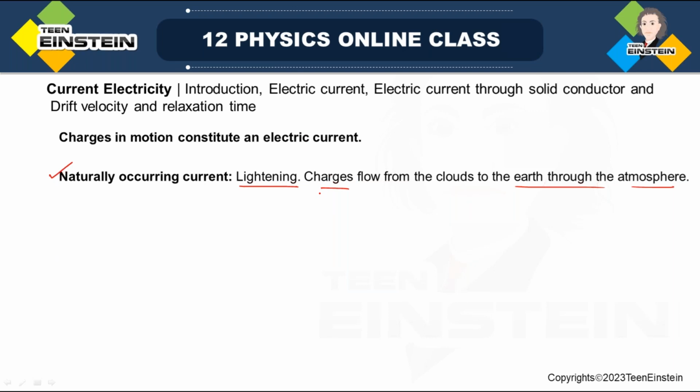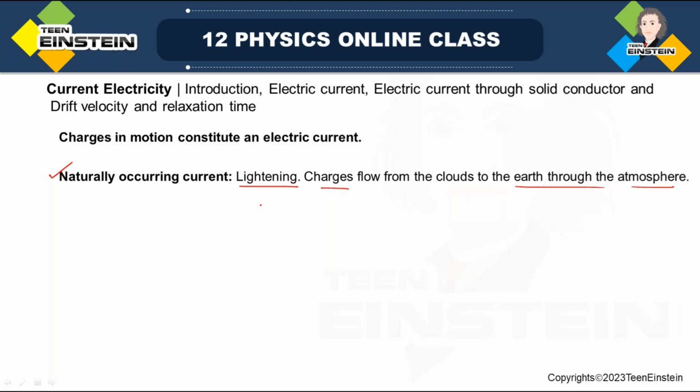But what is the problem here? Can you use this current that flows through the atmosphere to the earth during lightning in our household activities or appliances?